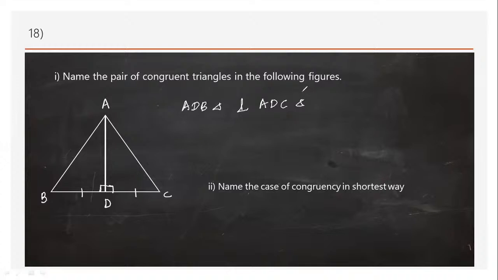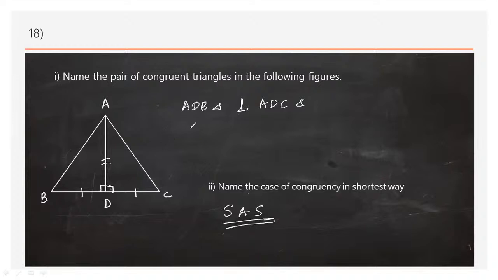These are the congruent figures here. And name the case of congruency in the shortest way. What can you say about the congruency? Shortest way, you say side angle side, no? This side, this angle, and this is the common side. So we can say side, angle, side case.